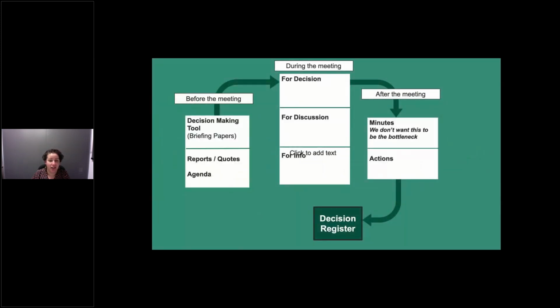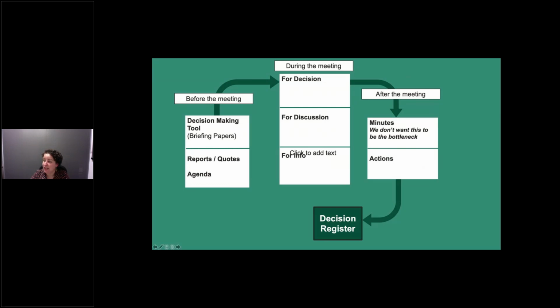So this is a diagram that summarises the process that I've talked about. Looking at my screen on the right here, before the meeting you've got a decision-making tool which is going to help you make decisions. That's prior to the meeting, so you're turning up informed. Any reports or quotes, if there's any procurement or building or renovations or contracting, you'd have that information sent before the meeting, and of course the agenda.